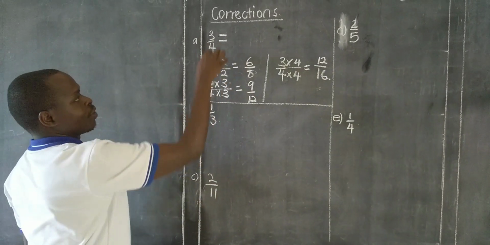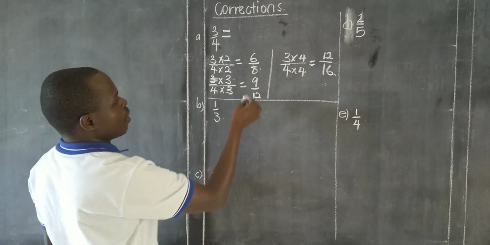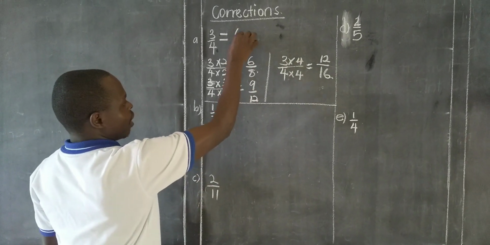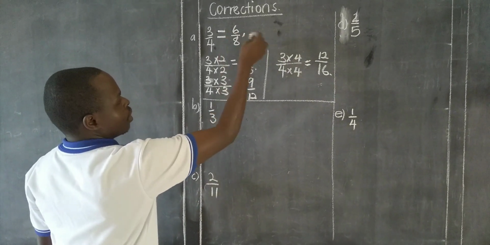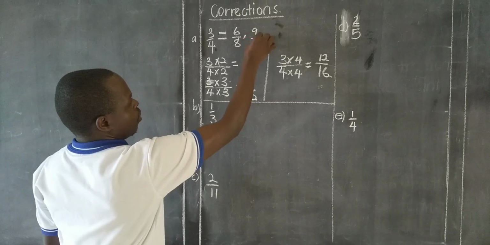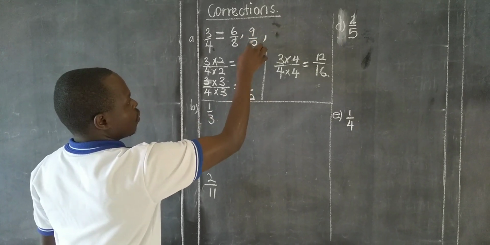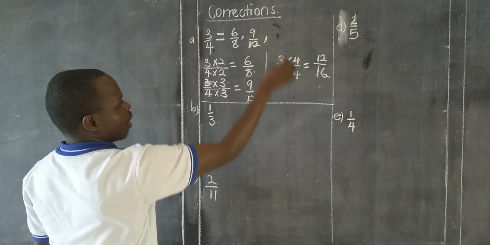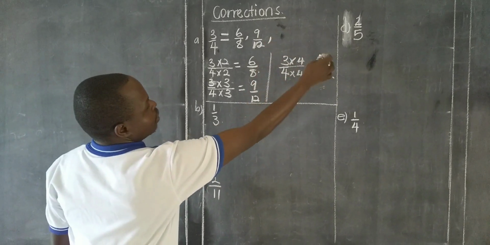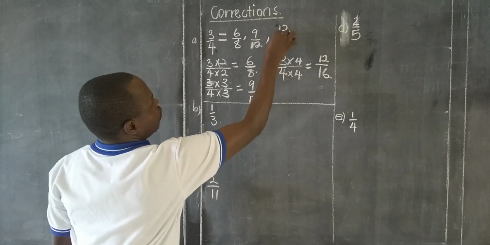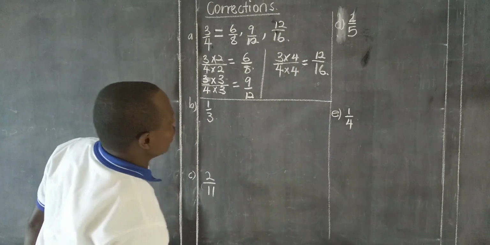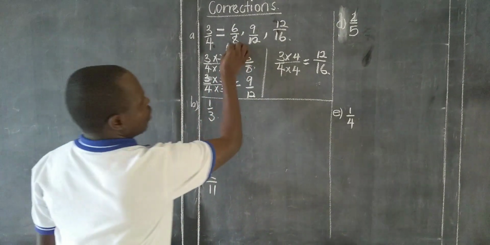And the equivalent fractions to 3 out of 4 will be 6 out of 8, 9 out of 12, and 12 out of 16. Those are the next 3 equivalent fractions.